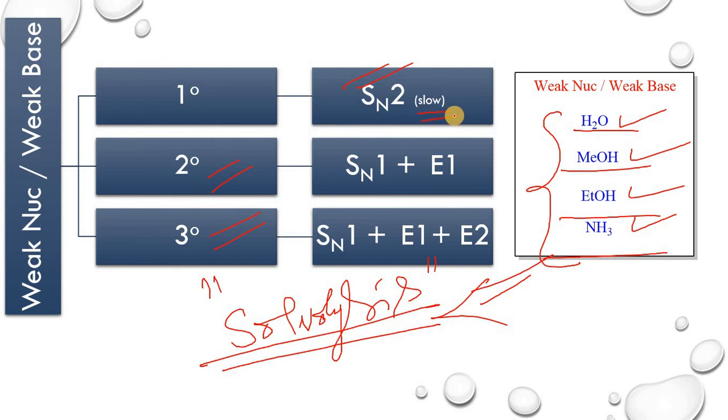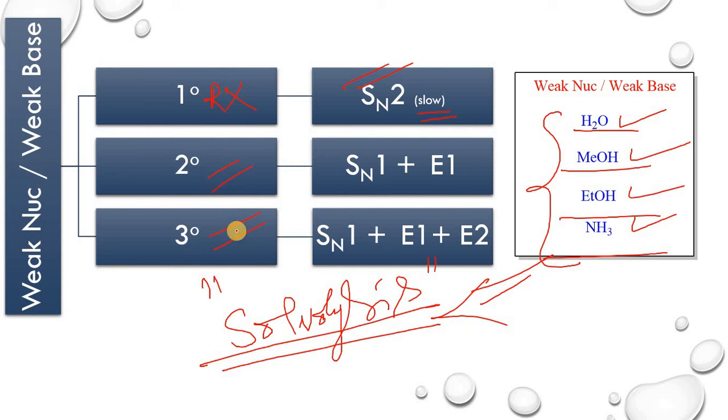We know that the rate of SN2 reaction is directly proportional to nucleophilicity of nucleophile. It depends on concentration of nucleophile and nucleophilicity of nucleophile. When you use weak nucleophiles, in case of primary alkyl halide, there is a SN2 type of reaction, but the reaction is slow.